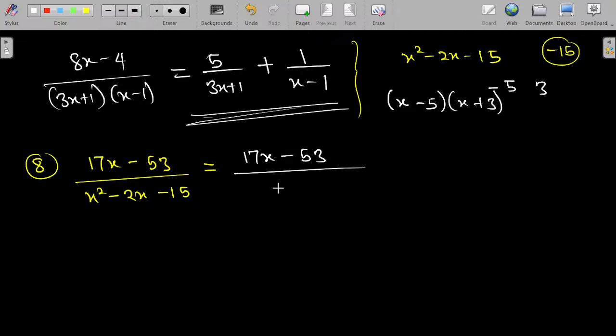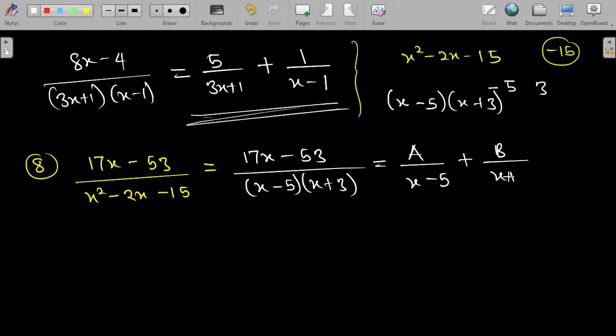You will have 17x minus 53 all over x minus 5 multiplied by x plus 3, and that is the two linear denominators that you want, which will now give you the two fractions that you will just be looking for their numerator. So I'm splitting it into a all over x minus 5 plus b all over x plus 3.